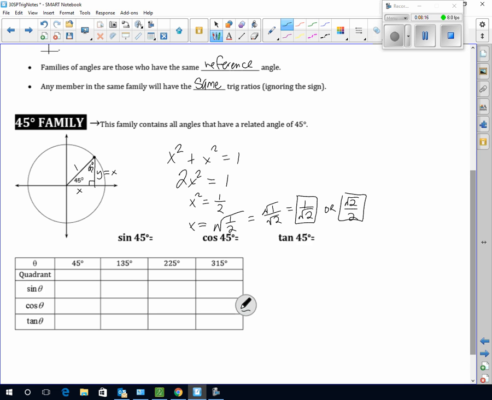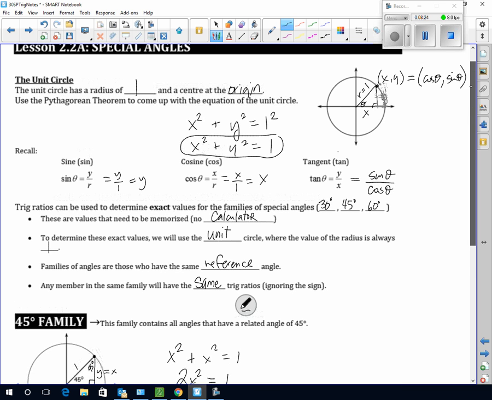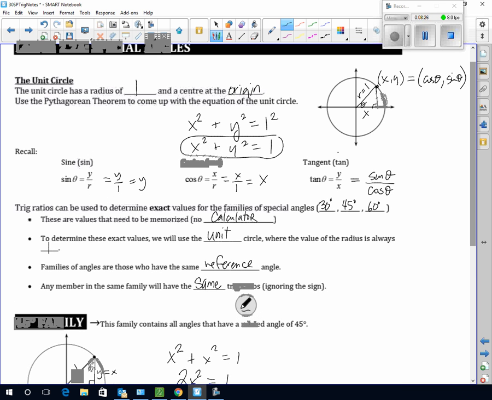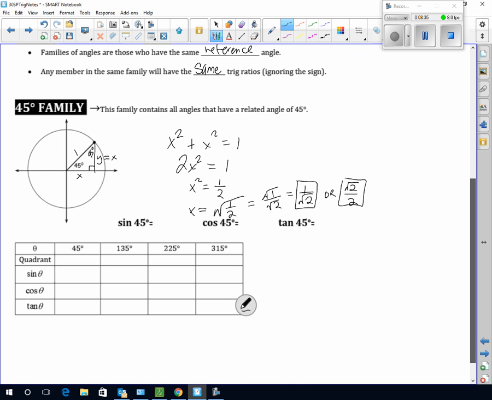Okay, so let's go back to the beginning. What did we discover? Sine theta is my y value. Cos theta is my x value. Yes? So what's my x value here? 1 over root 2. What's my y value right here? 1 over root 2. Guess what?